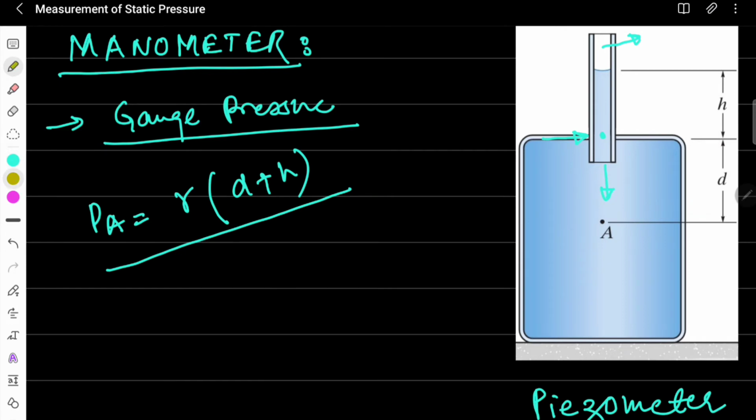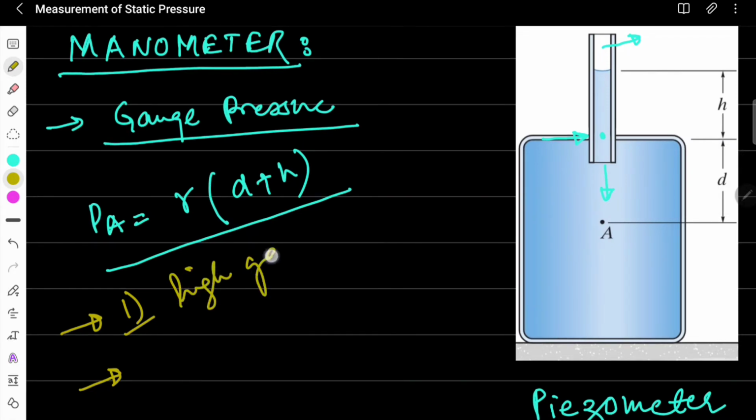Now there are two additional points we have to note down. Point 1 is that for a very high pressure inside the vessel, this manometer doesn't work well, because in order to measure a very high pressure, you need a very long tube to be inserted. So in case of very high gauge pressure this should not be used.